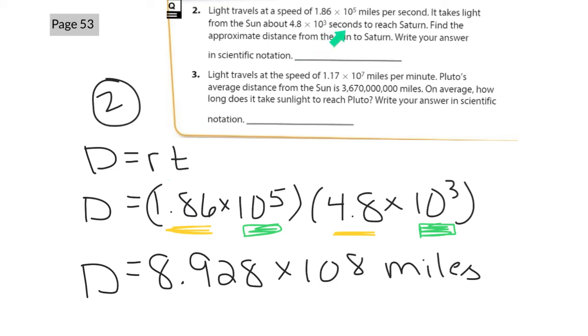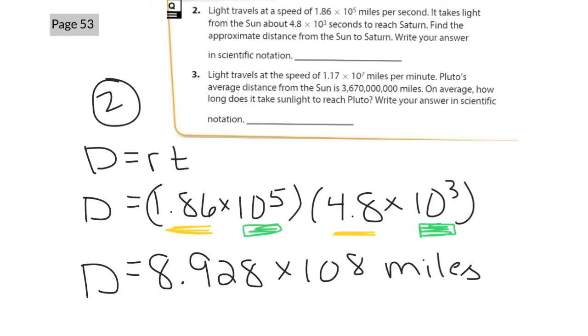The time, seconds is time. So here's your time. You're going to multiply the front part. So that's what I got when I multiplied the front part, the multiplier. You're going to multiply those base 10s. When you multiply the base 10s, you add the exponents. That gives you 10 to the 8th. So that would be miles. Okay?